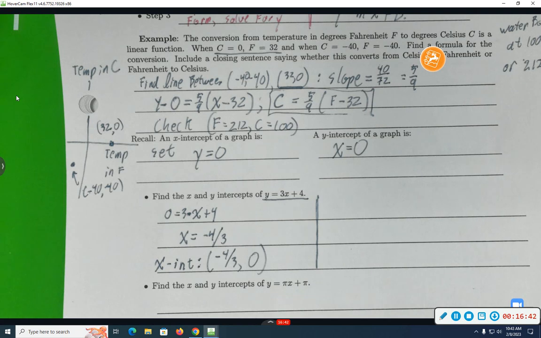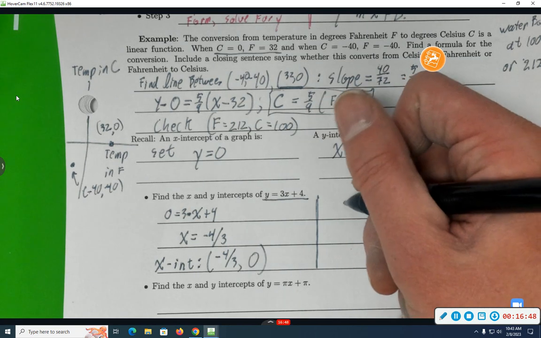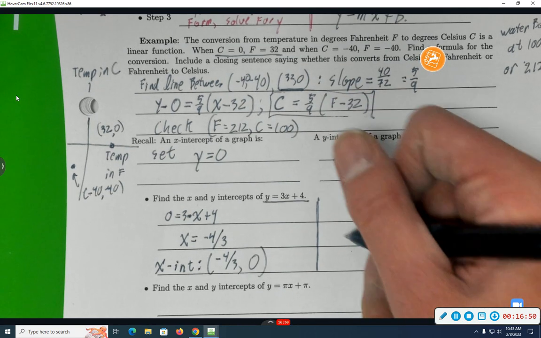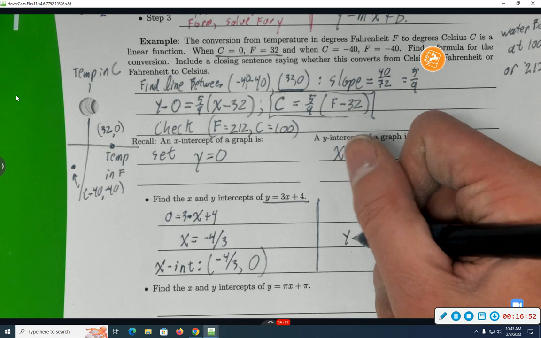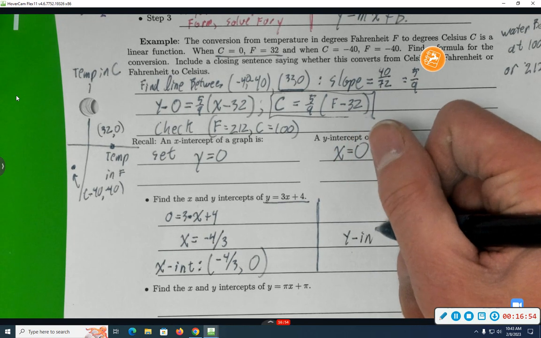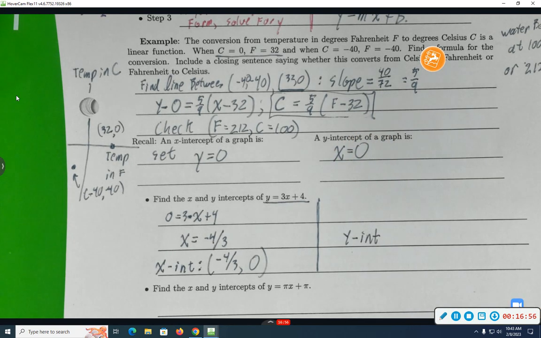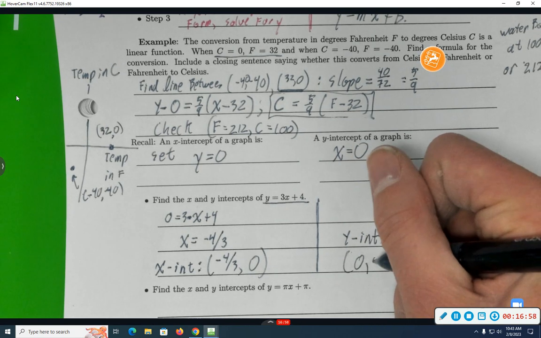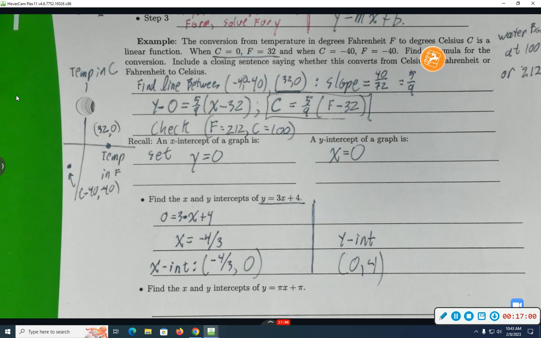Yeah, and that's generally true for functions. You don't have to do any algebra, you just have to plug in. So when you plug in x equals 0, what do you get for the y-intercept? 0, 4. Nice.